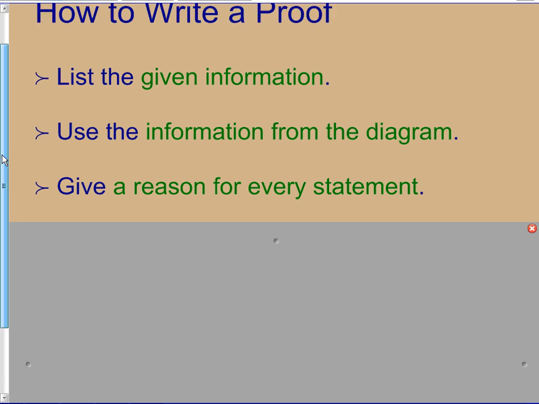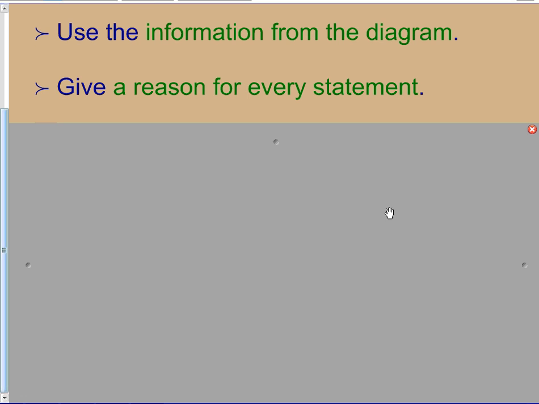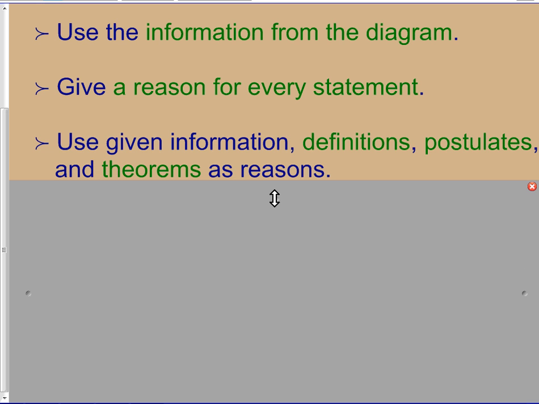Like I said before, this is a very important part of writing a geometric proof. You need to use the given information, as well as definitions, postulates, and theorems as reasons. So that could be things like the definition of a vertical angle.